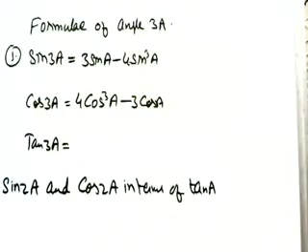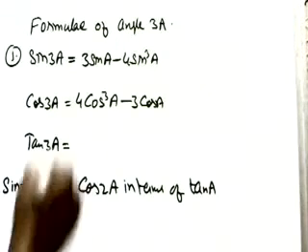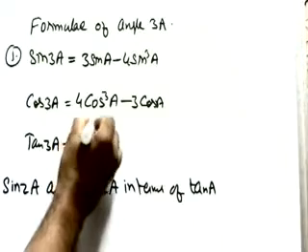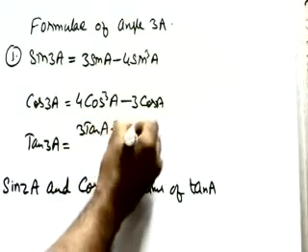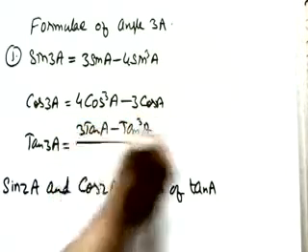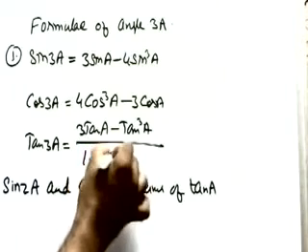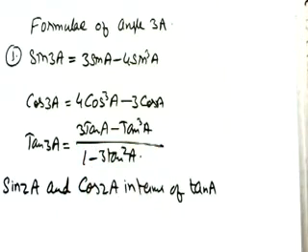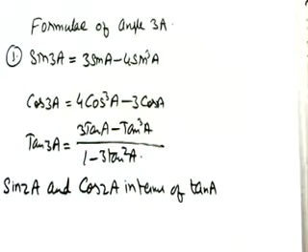So sin 3a is 3 sin a minus 4 sin cube a, and cos 3a will be 4 cos cube a minus 3 cos a. Now tan 3a is 3 tan a minus tan cube a divided by 1 minus 3 tan square a.